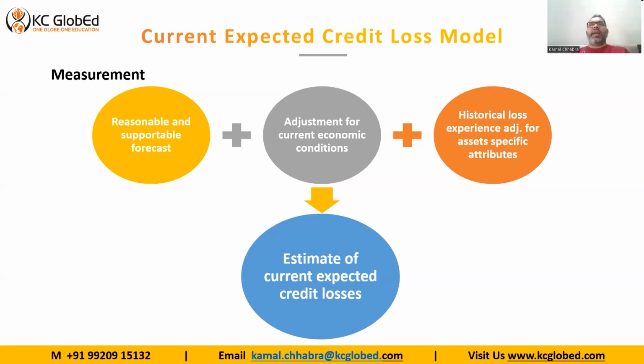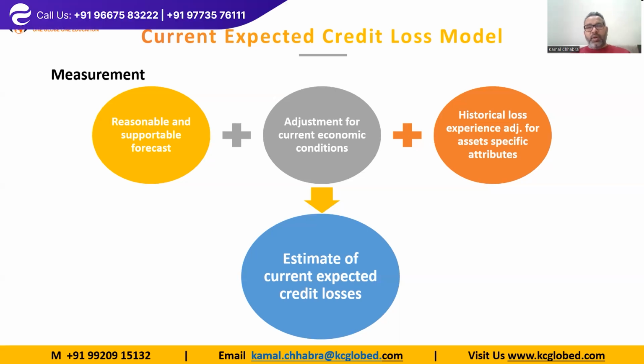Second is the dynamics of the economic condition in which your company operates or in which your customers work. Third is the historical experience with the respective category of customer. All those things you need to keep in mind when you are estimating the expected credit loss. Does that make sense?